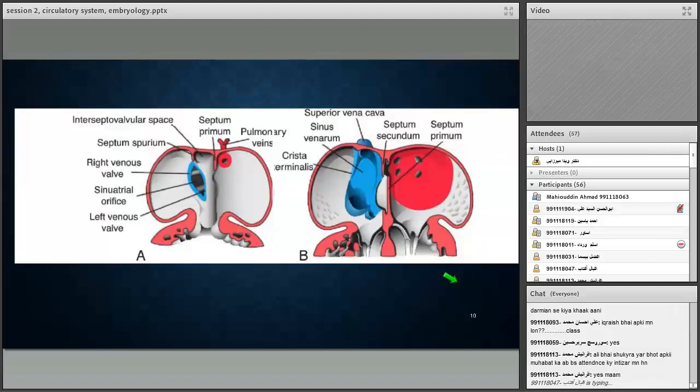Look at here. In this slide, slide number 10, we can see right venous valve and left venous valves, which are expanding into the right atrium and forming the smooth valve part of the right atrium.